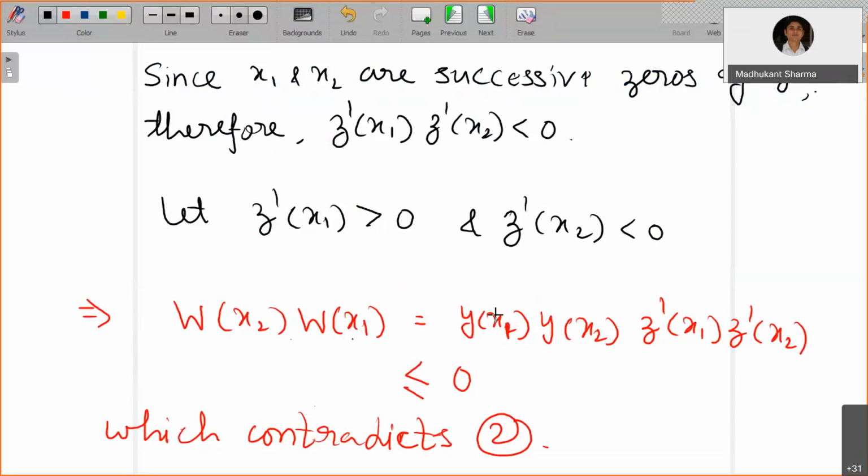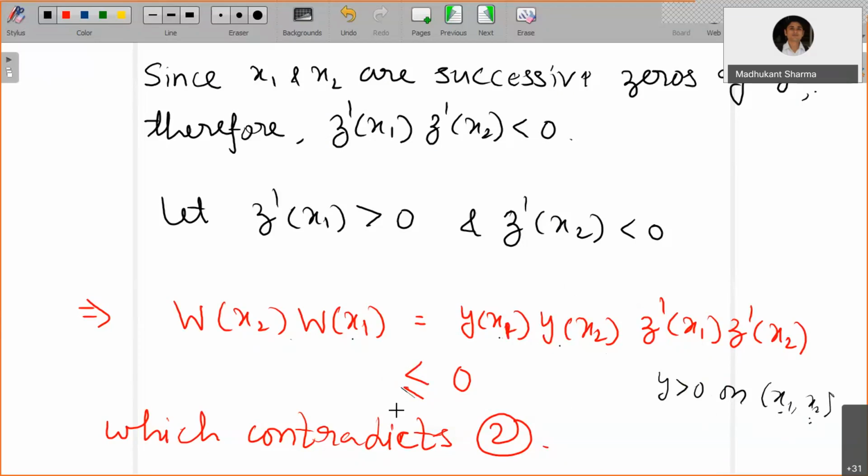Since y is greater than 0 on the open interval x1 to x2, at x1 and x2 it may attain 0. We don't know whether they have a common zero or not. So at least we can have strictly less than 0, or at most the equality sign, because this is negative and this will be positive.